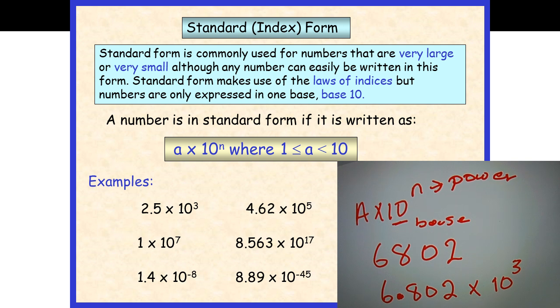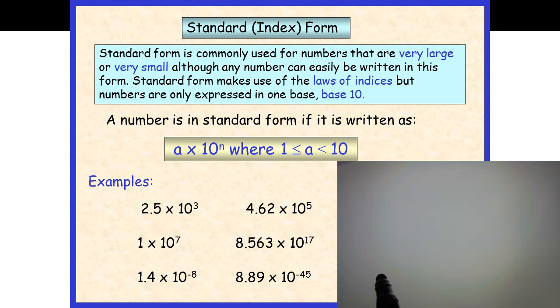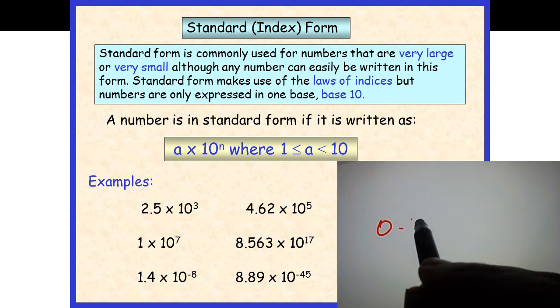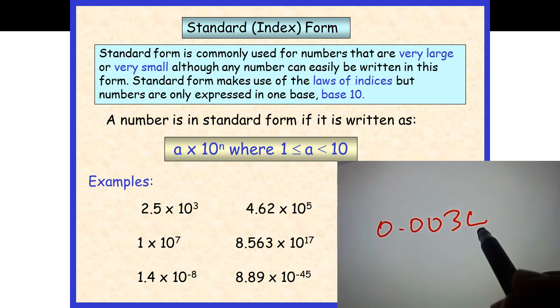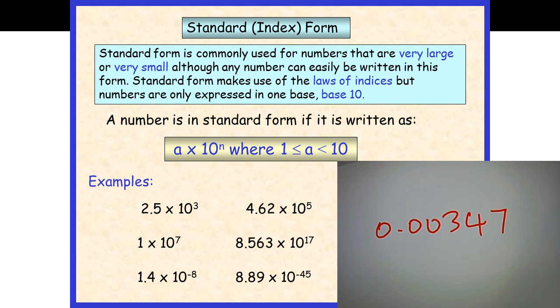Where I find some students get a bit confused is, for example, when you've got decimals. So for example, I've got 0.00347. Where you've got a decimal like this, you're going into the negative powers.